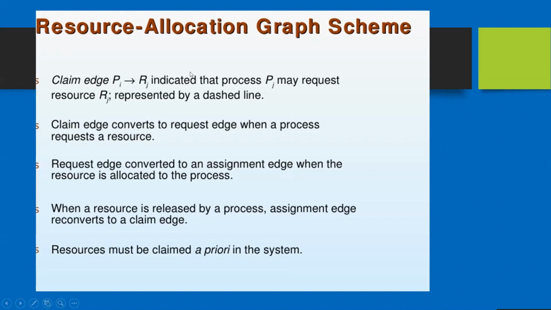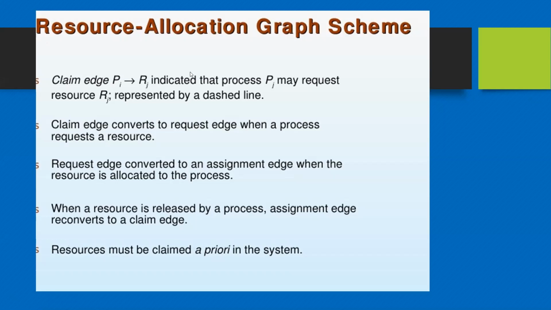Claim edge converts to request edge when a process requests a resource. That means the process is not yet using the resource and it is generating a request.